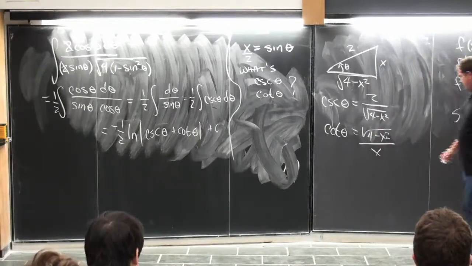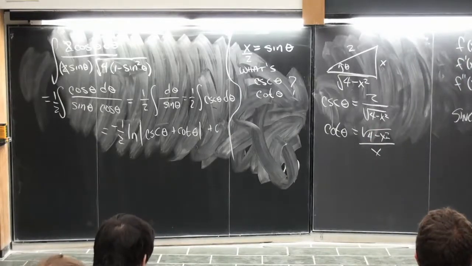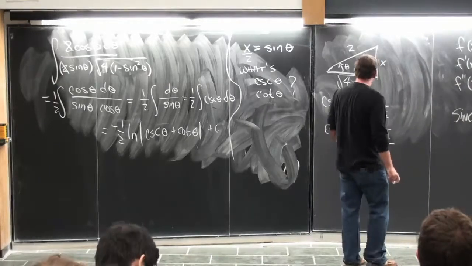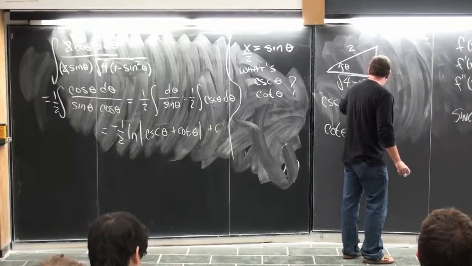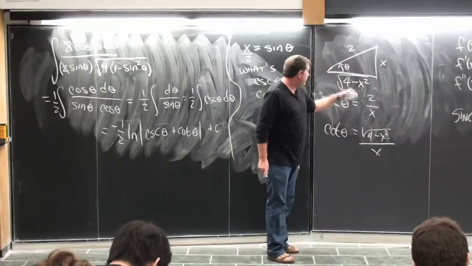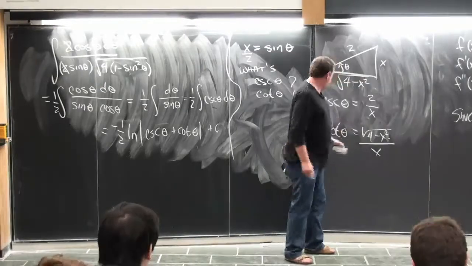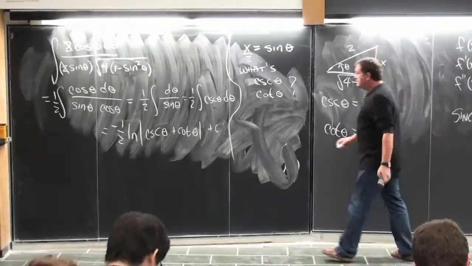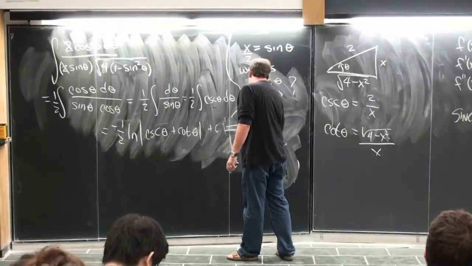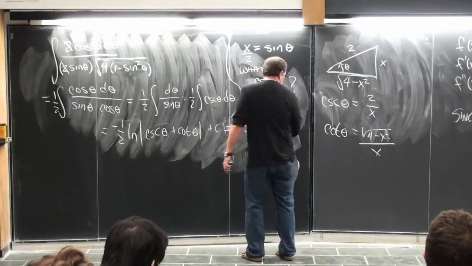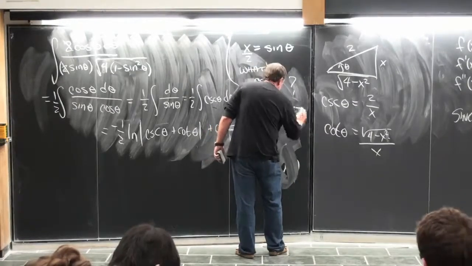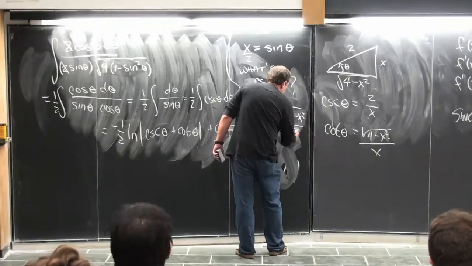I believe so. Cosecant's 1 over sine, and I wrote cosine. Thank you. Cosecant is 2 over x. That looks better. And the cotangent is square root of 4 minus x squared over x. That's better. So that means that this becomes negative 1/2 the log of 2 over x plus square root 4 minus x squared over x.